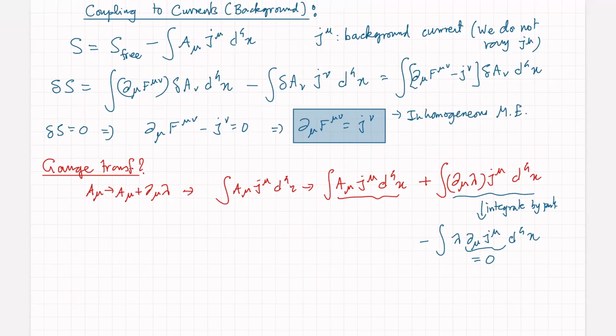Now, of course, this is not the full quantum version, because in the full quantum version we want to build J mu out of matter fields, like fermions, maybe scalars.